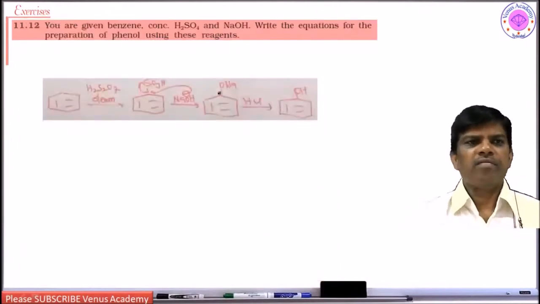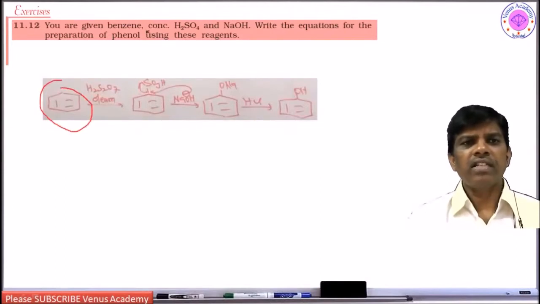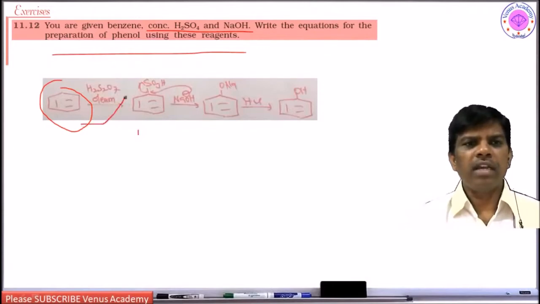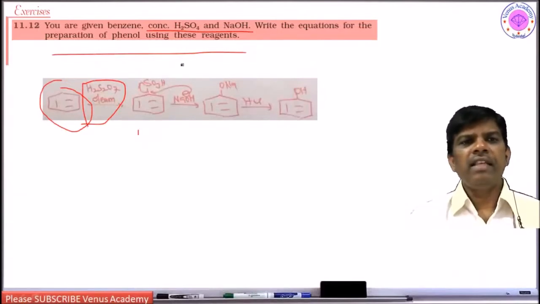Yes students, next you are given benzene, concentrated sulfuric acid and sodium hydroxide. Write the equations for the preparation of phenols using these reagents. Yes, so concentrated sulfuric acid or oleum. Oleum is nothing but H2S2O7. So fuming sulfuric acid easily sulfonates.